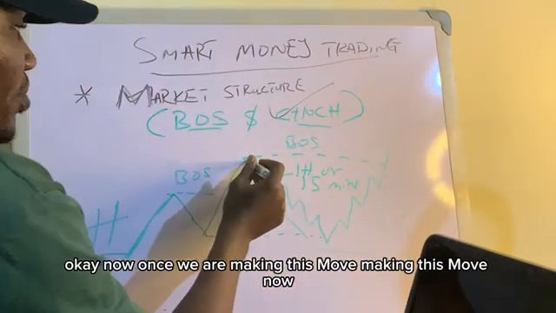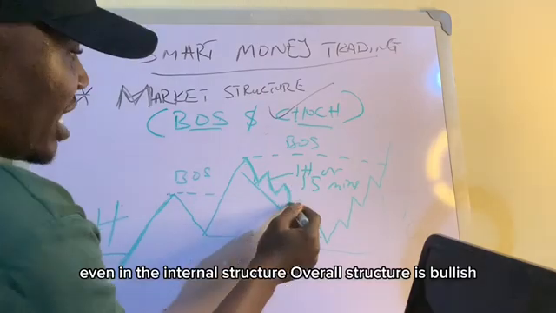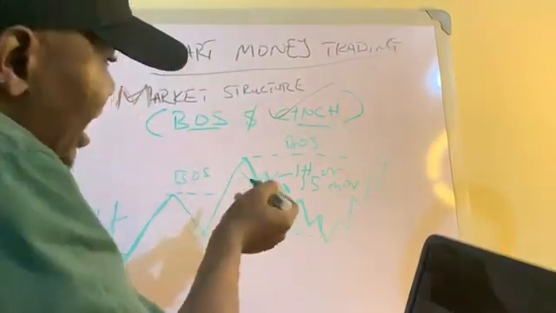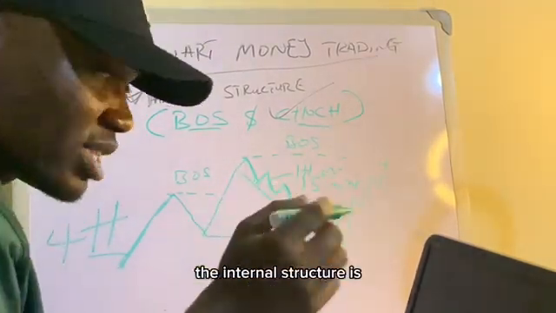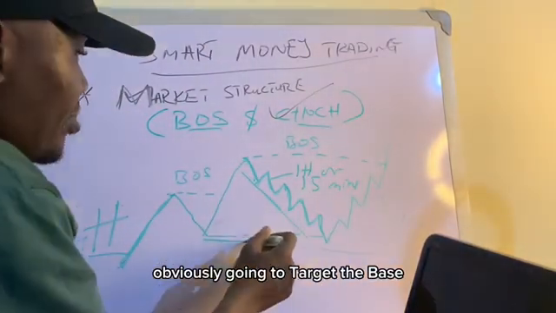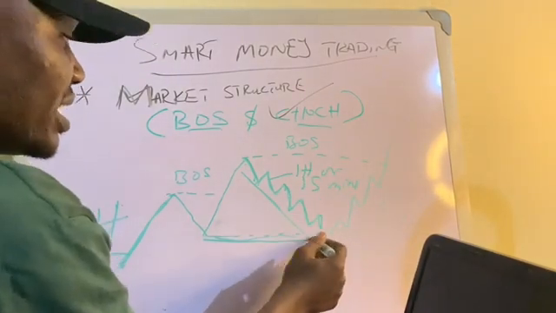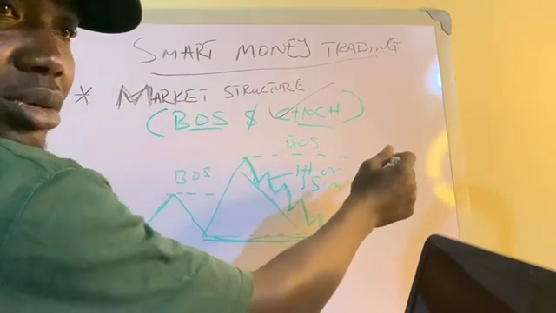Once we make this low, even though the overall structure is bullish, the internal structure is bearish. When an internal structure is bearish, it is obviously going to target the base of the higher structure.